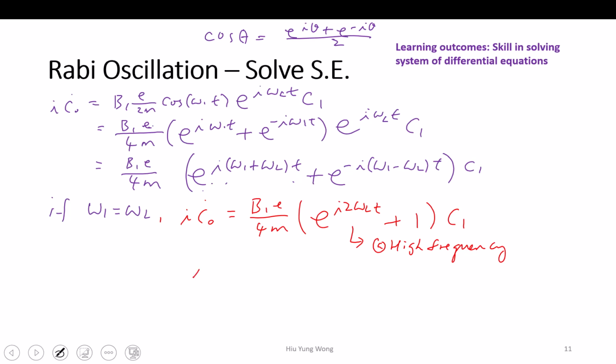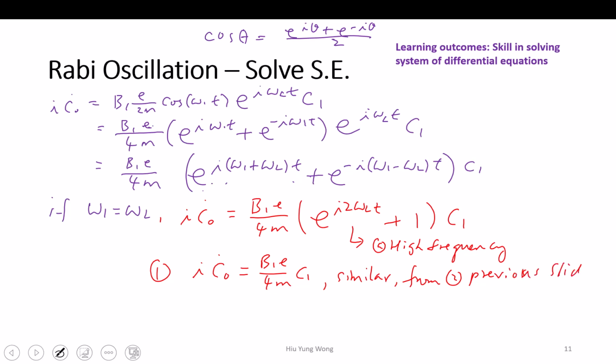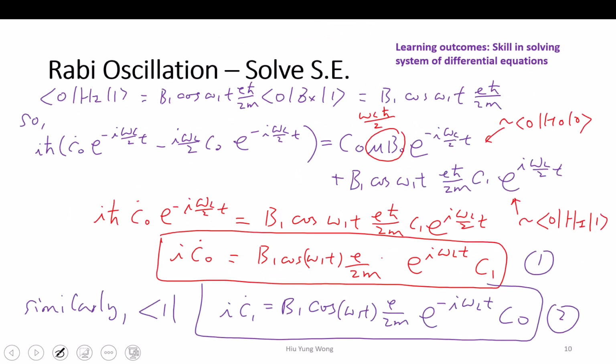So as a result, I can write this as iC0 dot equals B1E over 4m, C1, right? And similarly, I do not show it here. You just work on another equation. This is equation 2 from the previous slide, this equation.